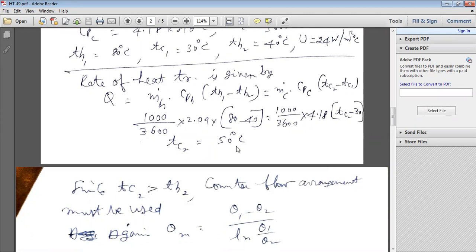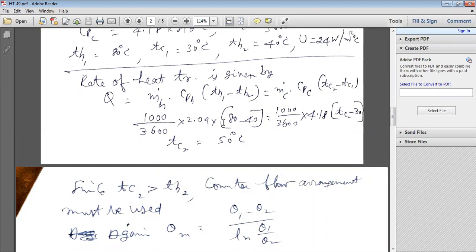So you have to verify whether TC2 is higher than TH2 or not, because from that verification you can determine whether it comes under parallel flow or counter flow, because I have given the temperature variation for both counter flow as well as parallel flow. If you observe those diagrams, obviously if TC2 is greater than TH2, then counter flow arrangement must be used. In this example, all of you listen very carefully, this is a very important point.